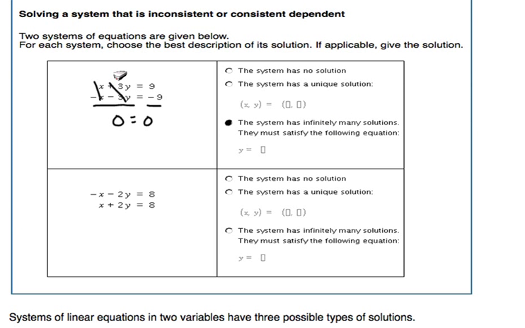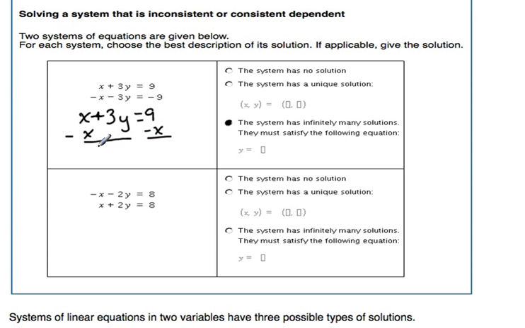So let's erase this here so we can once again see the equations. And what we'll do is solve one of the equations for y. So let's take the first one, x plus 3y equals 9. Solve that for y. First thing we want to do is move the x to the other side.